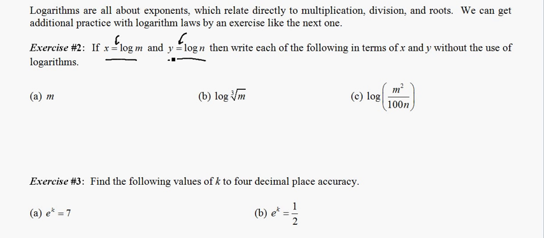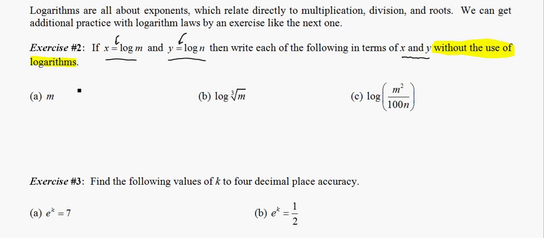Anytime I see log n, I can put in a y. But then the problem challenges me to rewrite each of the following expressions in terms of x and y, meaning my final answer has to have x and/or y in it, and I can't use any logarithms. Without the use of logarithms. Highlight that, right? No logarithms in my final answer.